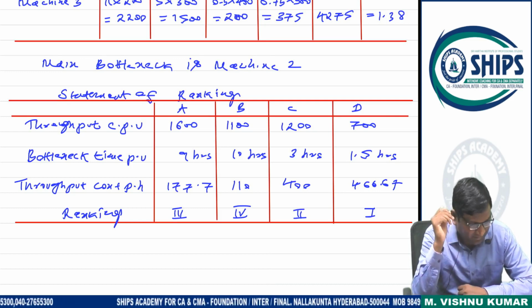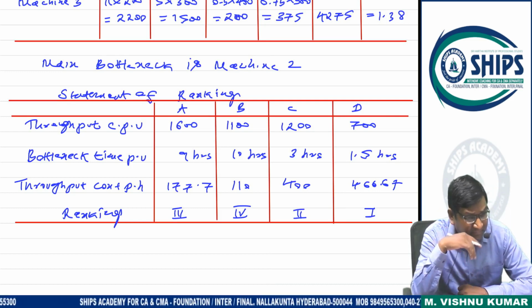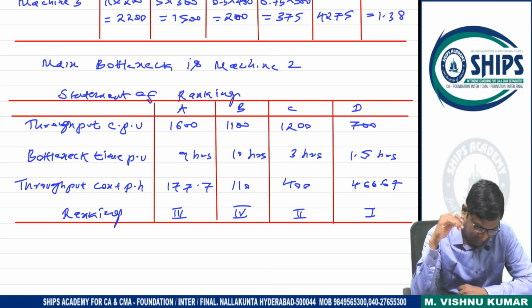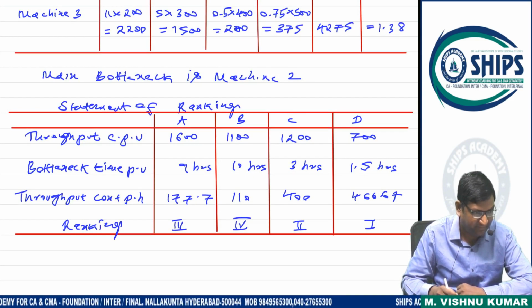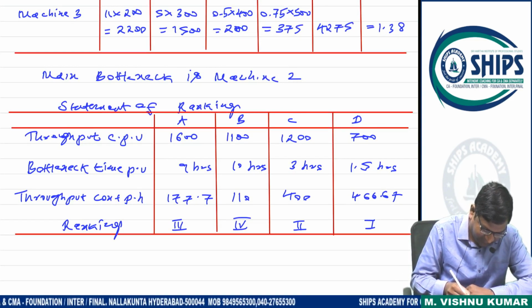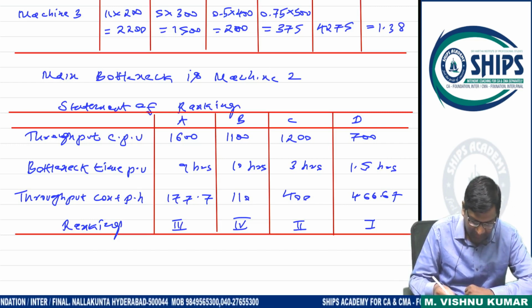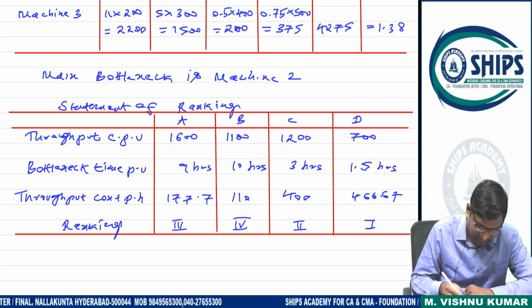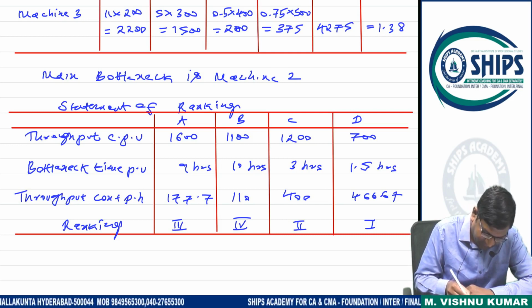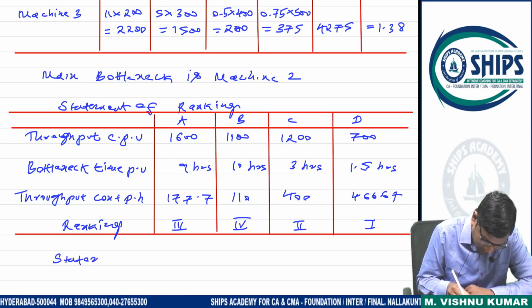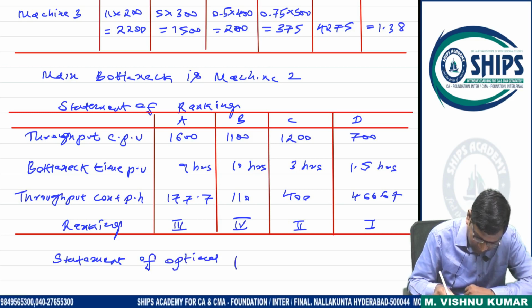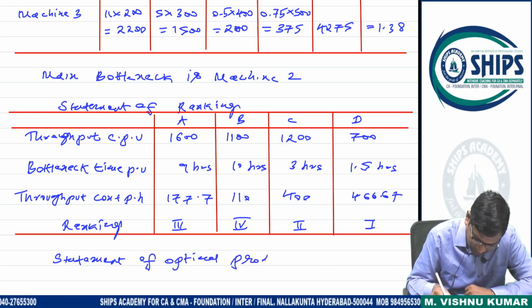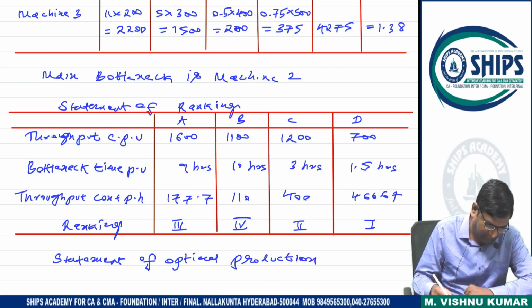Yes, correct. So all the students have given correct answers. Perfect. So now we'll complete how many units we can manufacture using these hours, that we have to decide. Statement of optimal production.